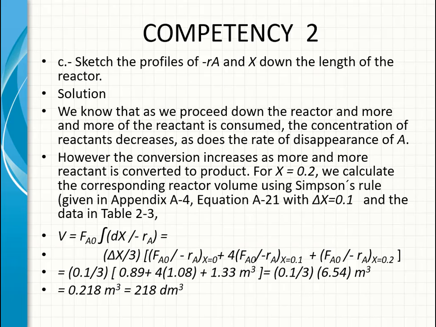As you can notice, the increase from 0 to 0.1 and from 0.1 to 0.2 is only 0.1, so delta X is equal to 0.1. So the volume will be 0.1 divided by 3 times 0.89 plus 4 times 1.08 plus 1.33, which will give us a volume of 218 liters.